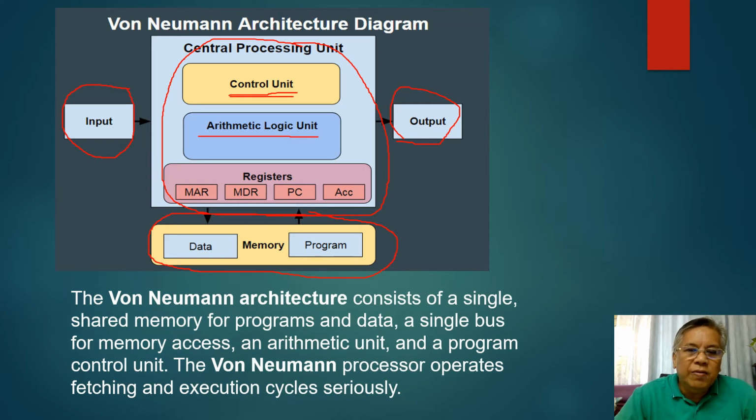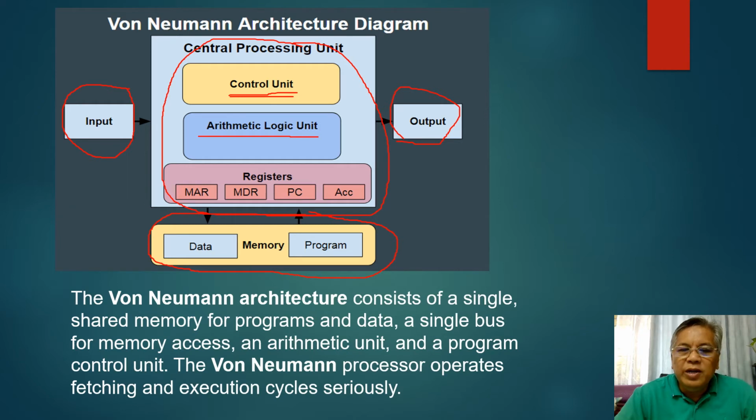Then we have the different registers inside your central processing unit. What are these registers? You have your memory address register. We have already introduced this in our previous discussion. The memory address register is the one that temporarily stores the address of a particular register. Then we have your MDR, or memory data register.